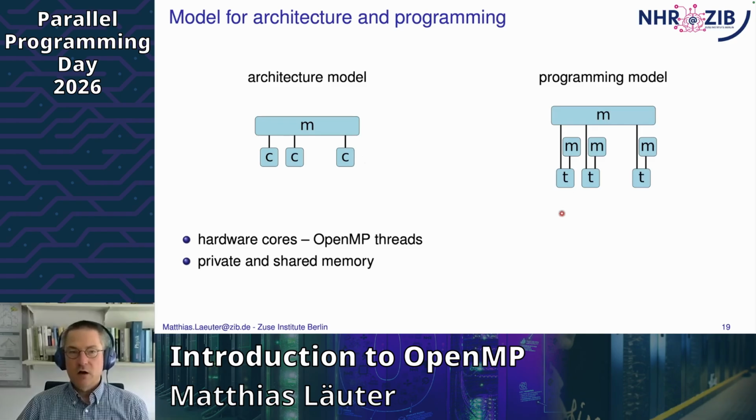And our programming model now consists of threads, and the threads have the shared memory, but additionally they have their private memory blocks. So the programming model is offering more properties than the hardware itself. And in this case for OpenMP, the parallel units are called threads.